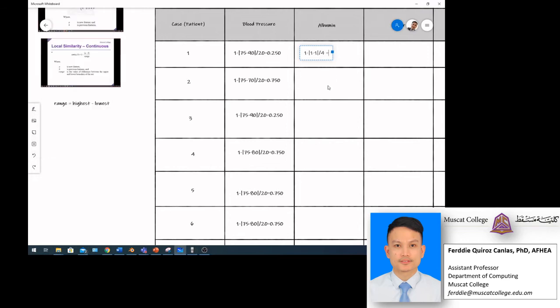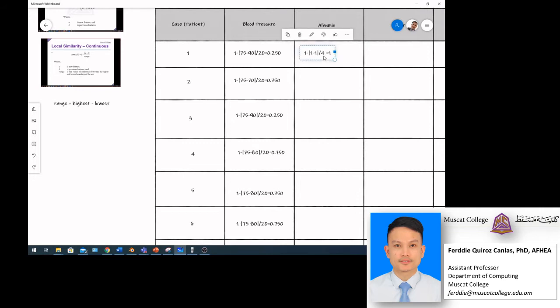So you just have to simplify the calculation. Let me give you the technique. If the new and the old are the same, automatically you have to write 1, okay? Because they're the same. So this is it.